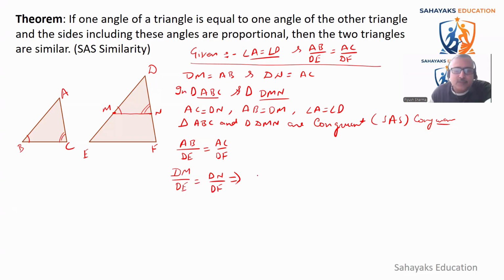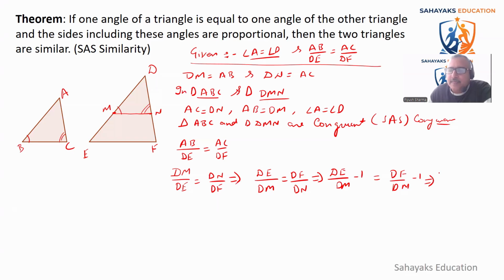We'll reverse it. So it will become DE by DM is equal to DF by DN. So we reversed it. And then we'll subtract one from both. So it implies DE by DM minus 1 equals to DF by DN minus 1.